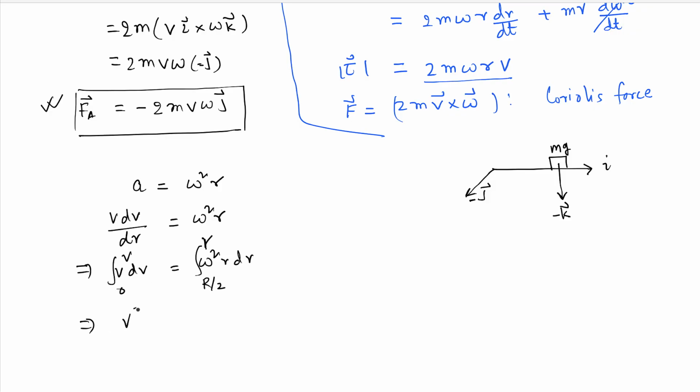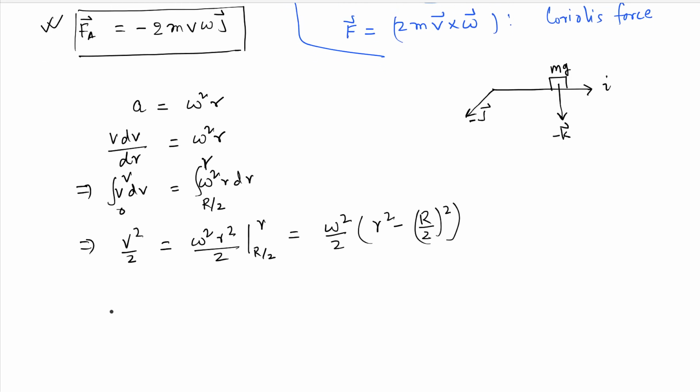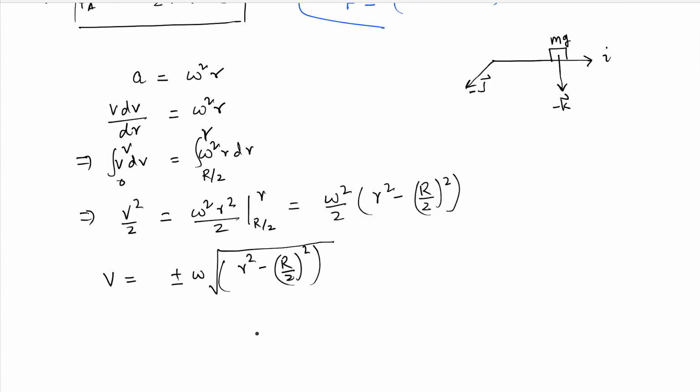So that means v square by 2 equals omega square by 2 times r square minus r by 2 whole square. Therefore v is plus minus omega times the root under of r square minus r by 2 whole square.